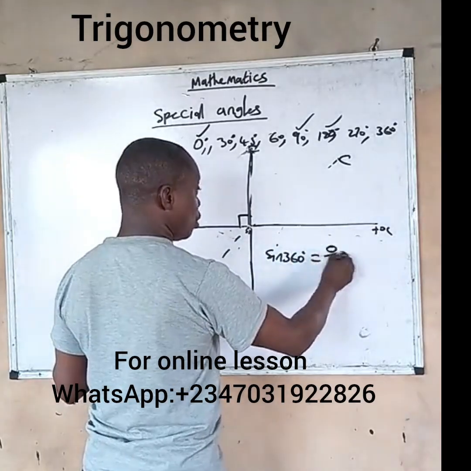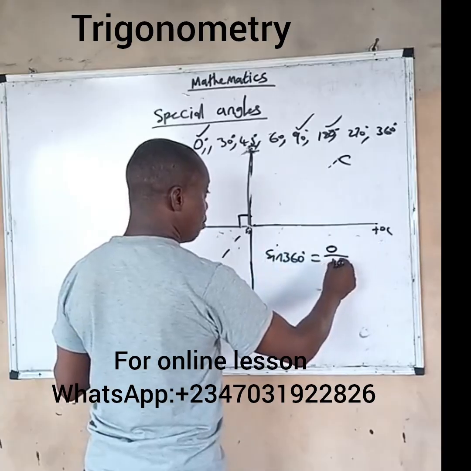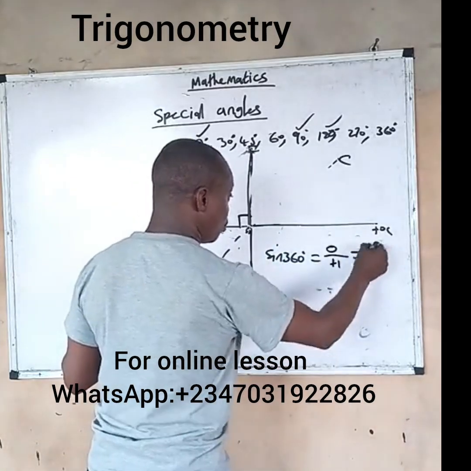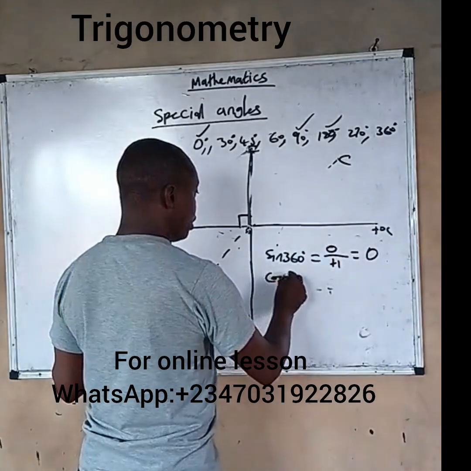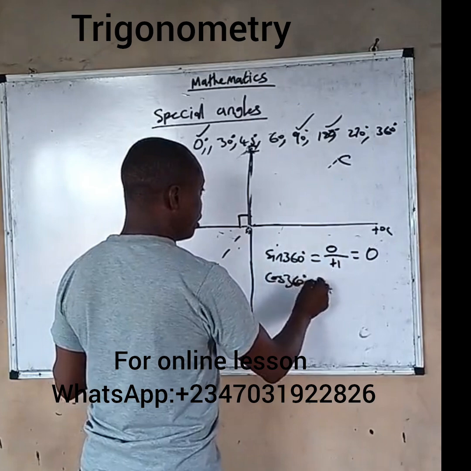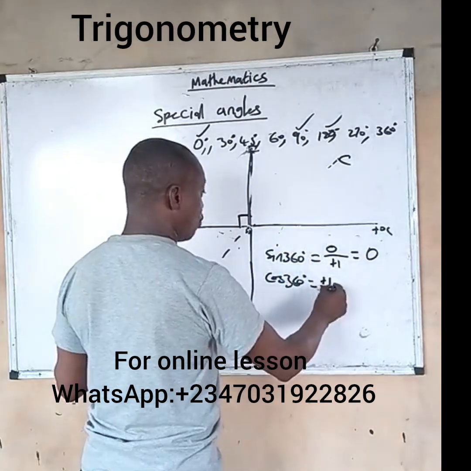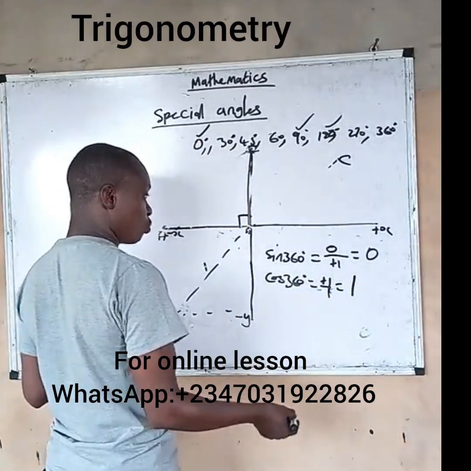Opposite is 0, while your adjacent is the positive 1. So 0 divided by 1 is 0. So sine 360 degrees is 0. Then cos 360 degrees. Cos is adjacent over hypotenuse, that is plus 1 over 1, which is 1.